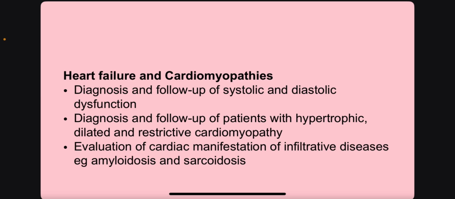And in amyloidosis, it has its typical appearance on echo, that is apical sparing. Apical sparing. The other segments become hypokinetic from the base and mid, but the apex is spared. So in amyloidosis, the apex is moving very well.